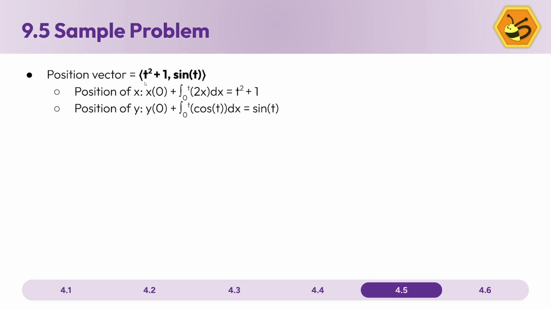So I think we got this: t squared plus 1, comma, sine of t. Again, these are just our initial value problems. Hopefully it's not too new because we've done these types of problems in previous units. Hopefully it's more of a review, and then putting these ideas together with vectors. So hopefully no questions there.